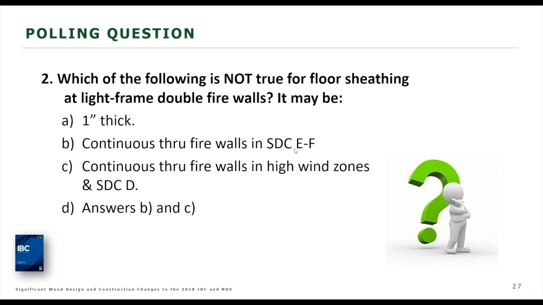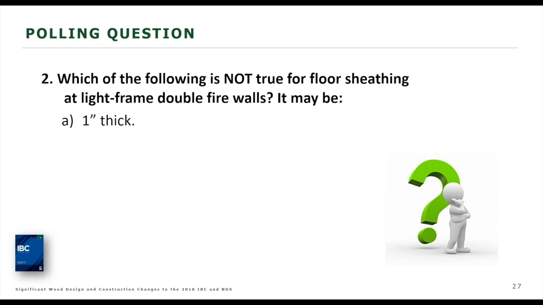It's seismic design category D, E, and F. And then continuous through firewalls in high wind zones and seismic design category D, that's correct because it's in seismic design category D, so we are allowed to have the floor sheathing pass through. And so the incorrect answer is 1 inch. Okay, thank you for participating.